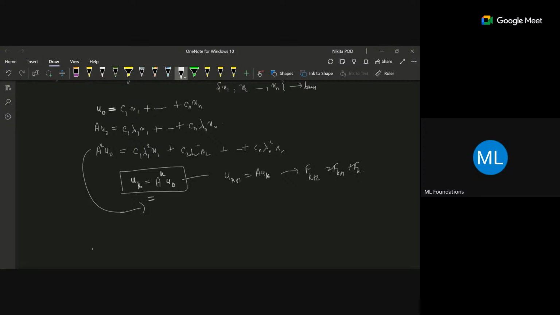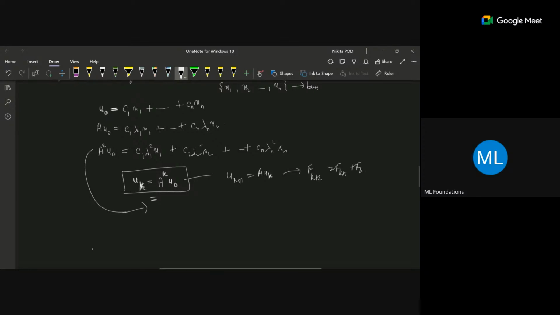It turns out that this solution uk for this equation is nothing but c1 lambda 1 to the power k x1 plus up to cn lambda n to the power k xn. So this is our uk. This is the solution. So we are interested in finding the solution for this equation.